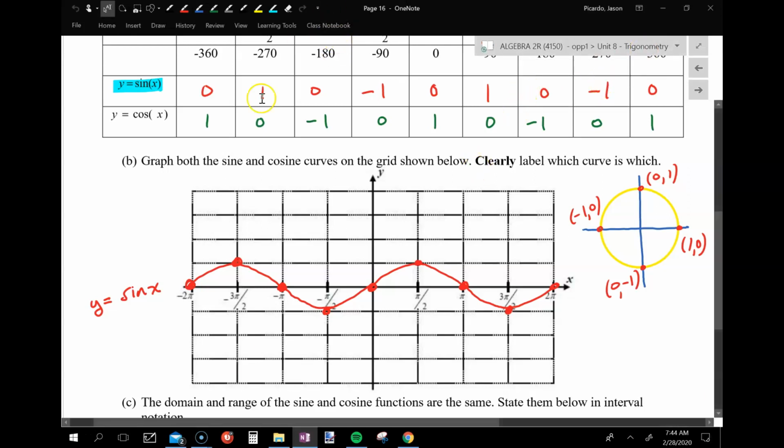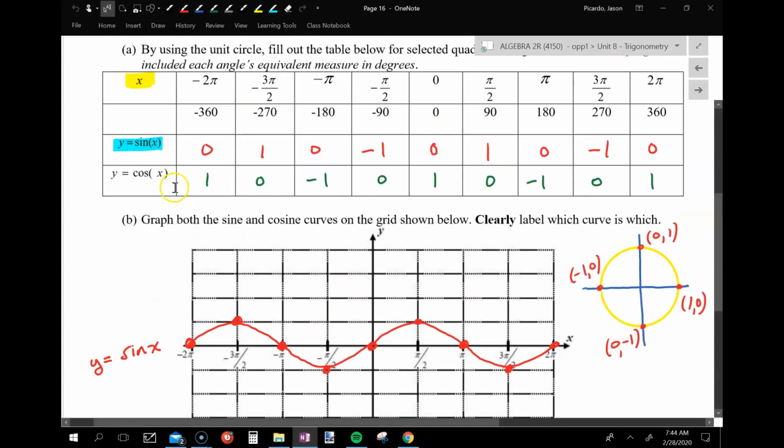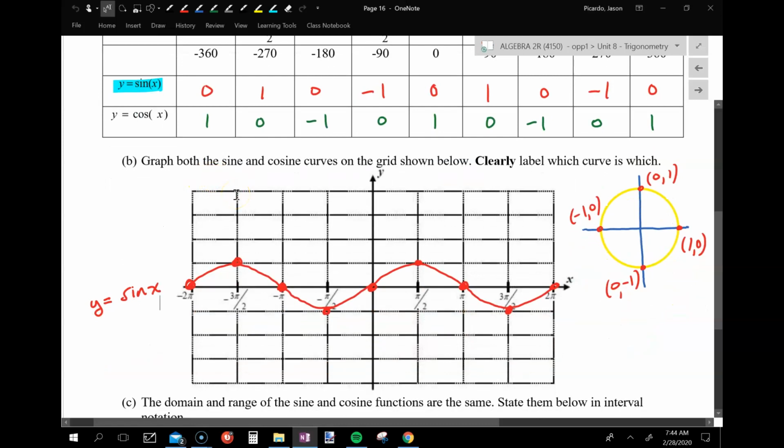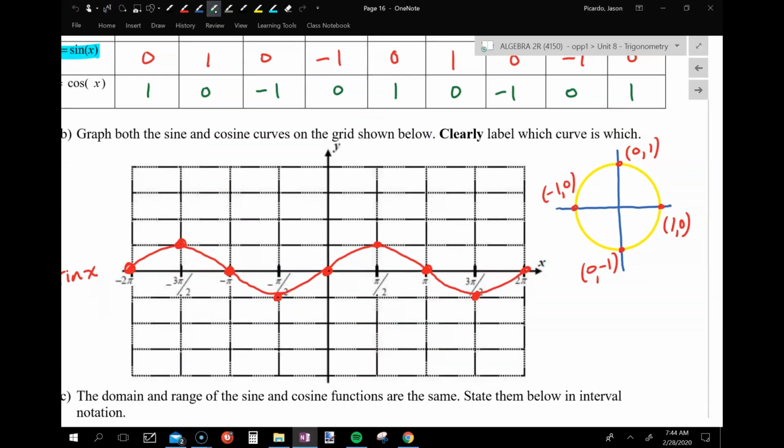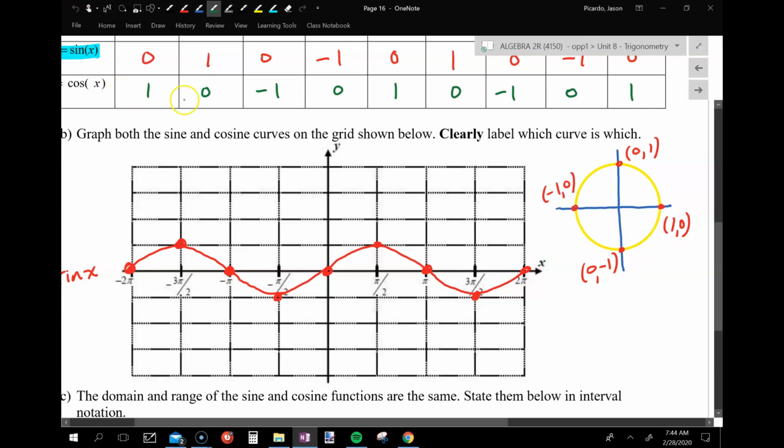All right, so if we graphed cosine, you're not going to be all that impressed, because I think you're going to agree that you're going to get a very similar picture. Don't we have that same sort of pattern going on? The only difference with cosine is instead of my graph starting at 0 at -360, this one starts at 1.